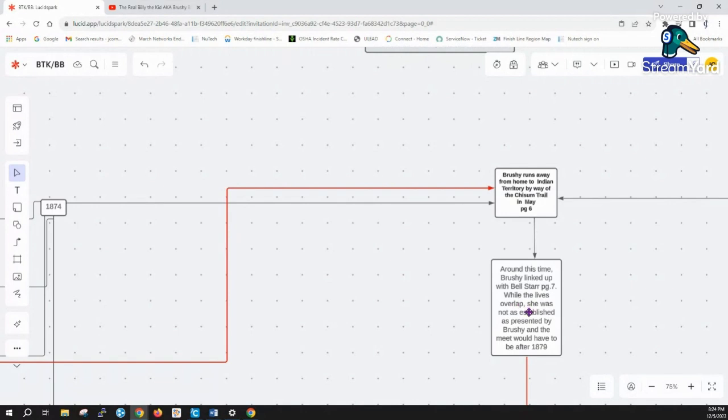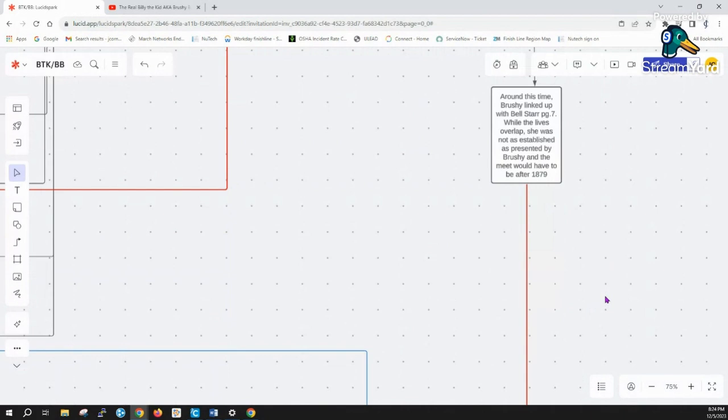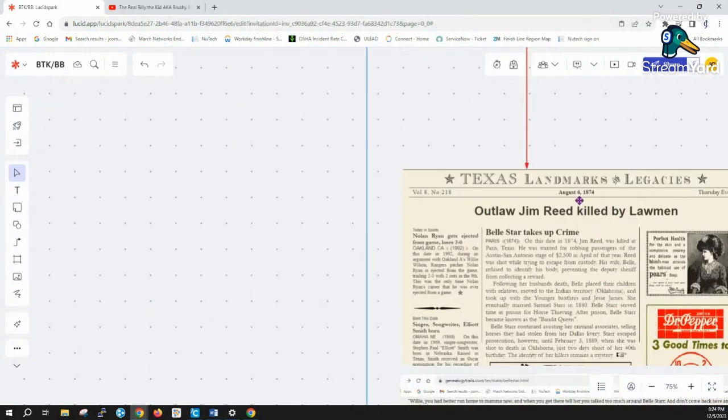While their lives do overlap a little bit, she wasn't established. And so the problem is that Belle Starr's husband was killed in August of 1874. Now, Brushy left home in May. So we know that, page 6. So 1874, the husband is killed.